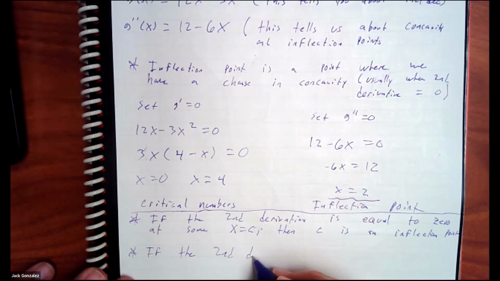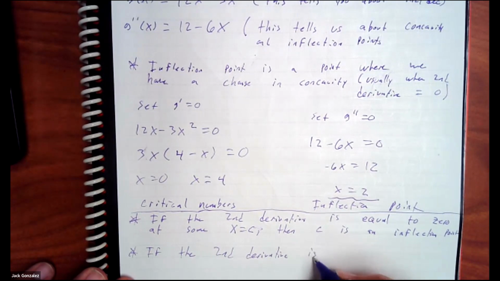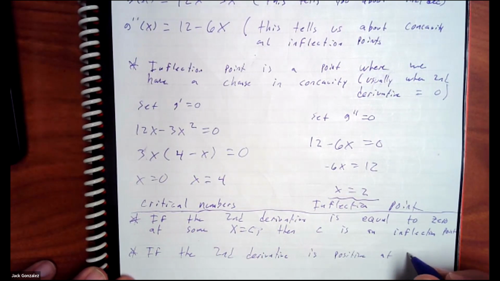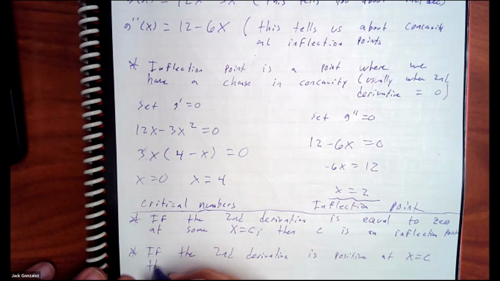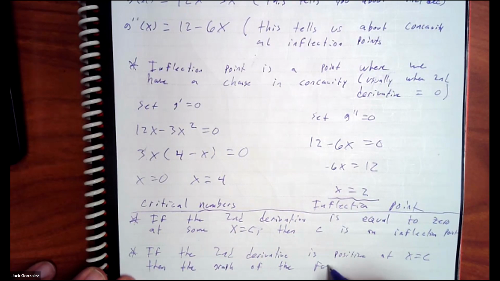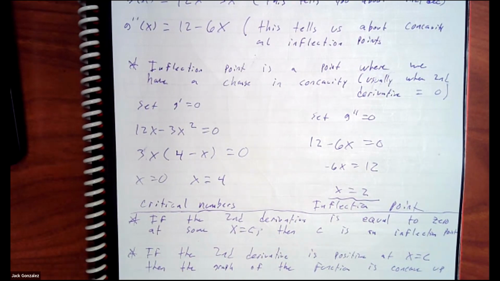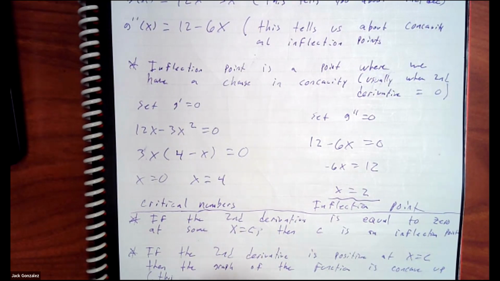If the second derivative is positive at x equal to c, then the graph of the function is concave up. By the way, this implies a minimum.